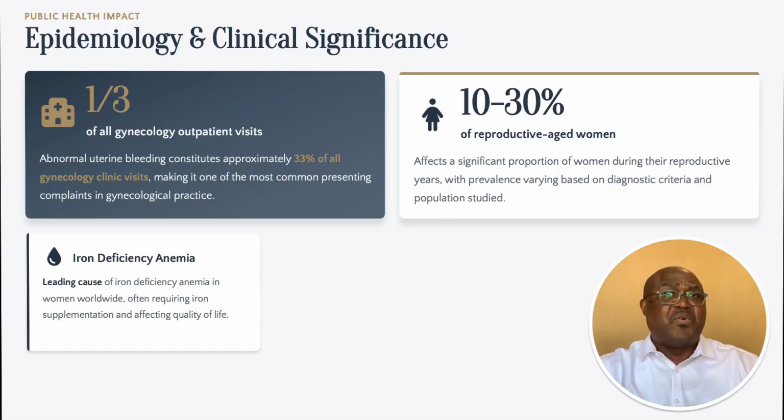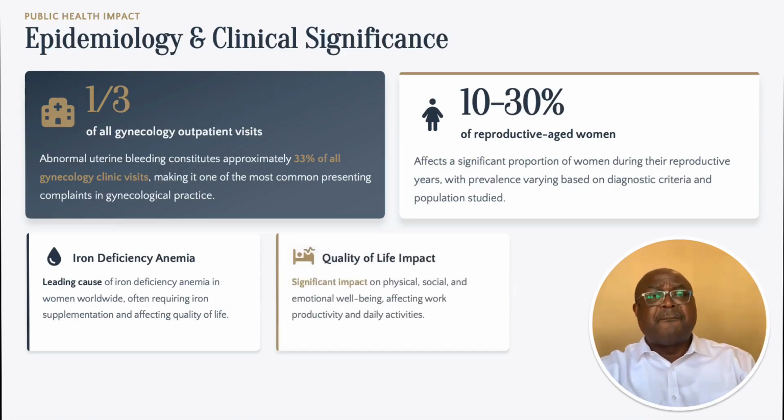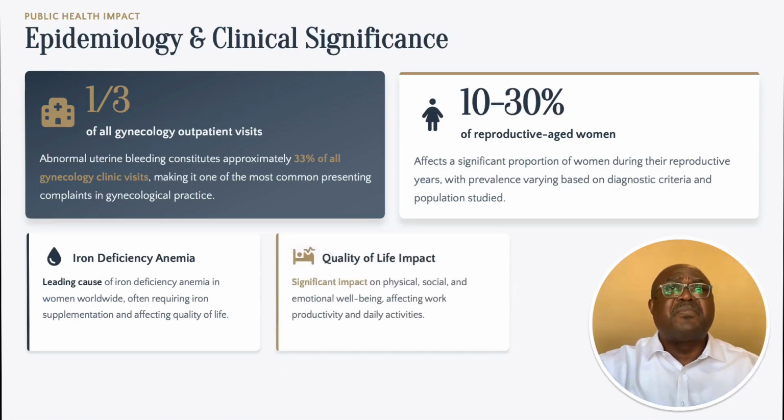The impact on quality of life cannot be overstated. Women with abnormal uterine bleeding often experience significant disruption to their physical, social, and emotional well-being. They miss work, they avoid some social activities, and experience considerable anxiety, even embarrassment in public.